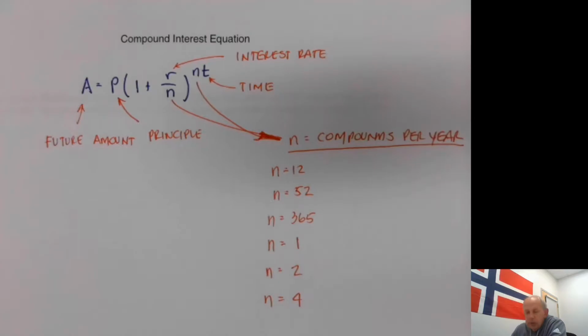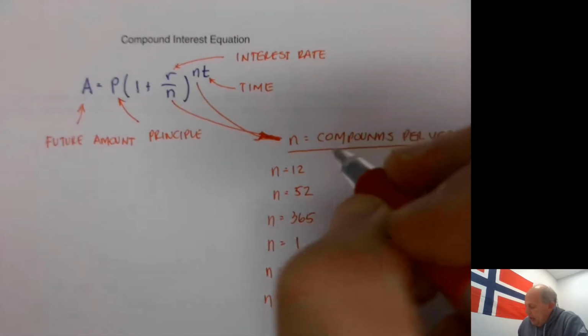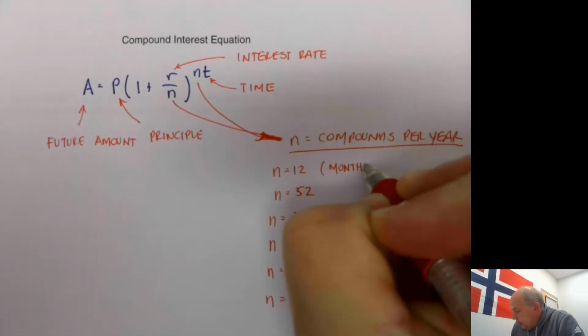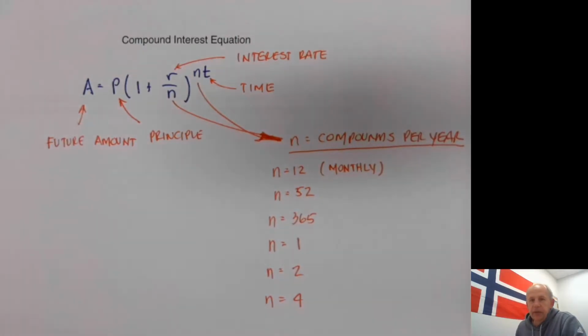Here are some typical compounds per year, and these numbers look sort of strange and sort of random, but it's based upon per year. So N equals 12 would represent a bank giving you monthly compounding.